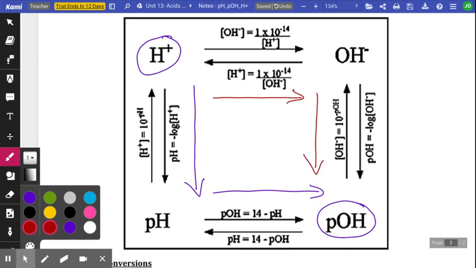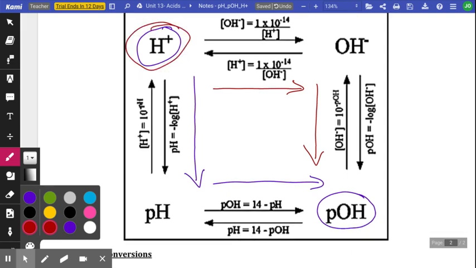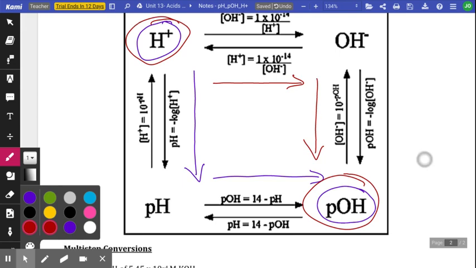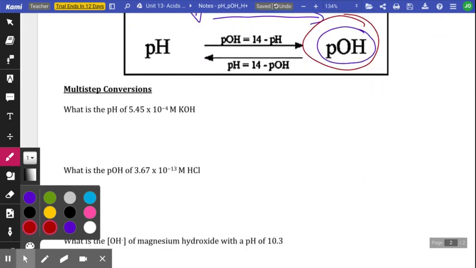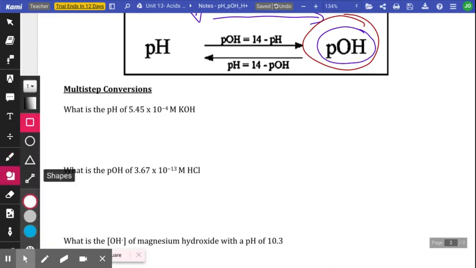Either one is okay, but you can't go directly from a hydrogen concentration to a power of hydroxide. They're two different things, so you're going to have to make two conversions if you notice those do not line up. Here are some practice problems on those multi-step conversions.